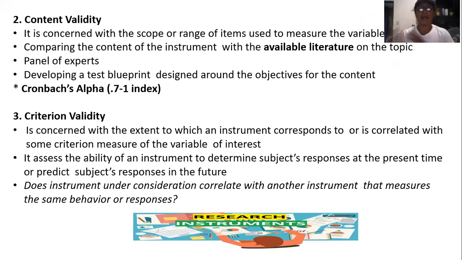Okay? Now, let's go to the third type of validity. Criterion validity. In criterion validity, you have to develop your own instrument and get another instrument same with your study, and then you have to compare or correlate them whether highly correlated or not. Now, if your own developed instrument is highly correlated with the available instrument, that is what we call criterion validity.